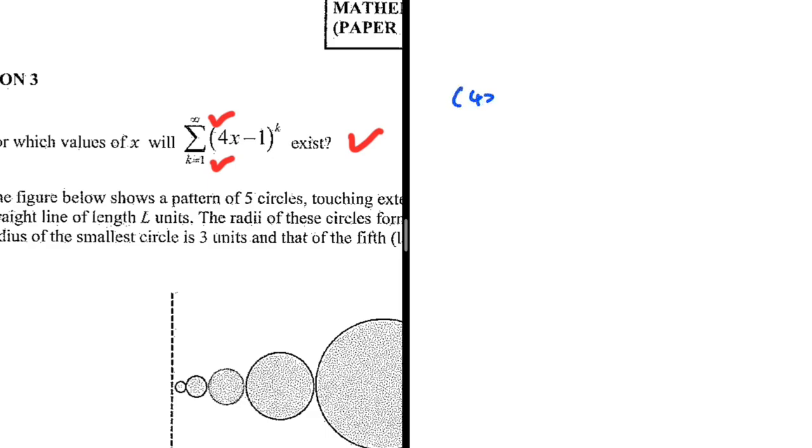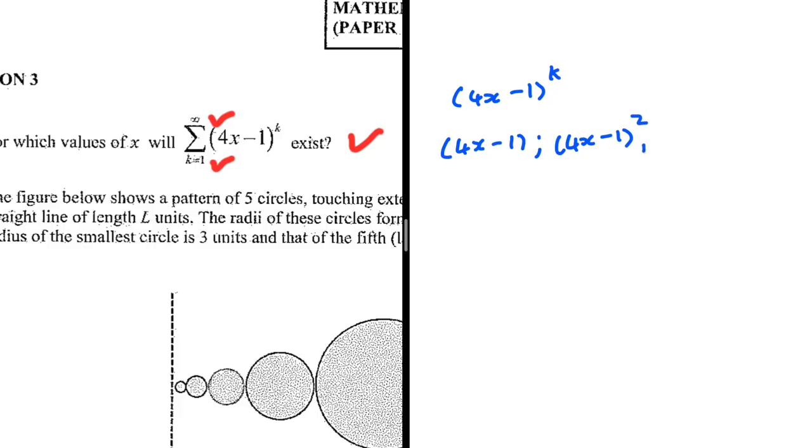We have 4x minus 1 to the power k. The first term here, when we substitute k is equals to 1, we're going to have 4x minus 1. So that is a. And then when you substitute k is equals to 2, we're going to have 4x minus 1 to the power 2.